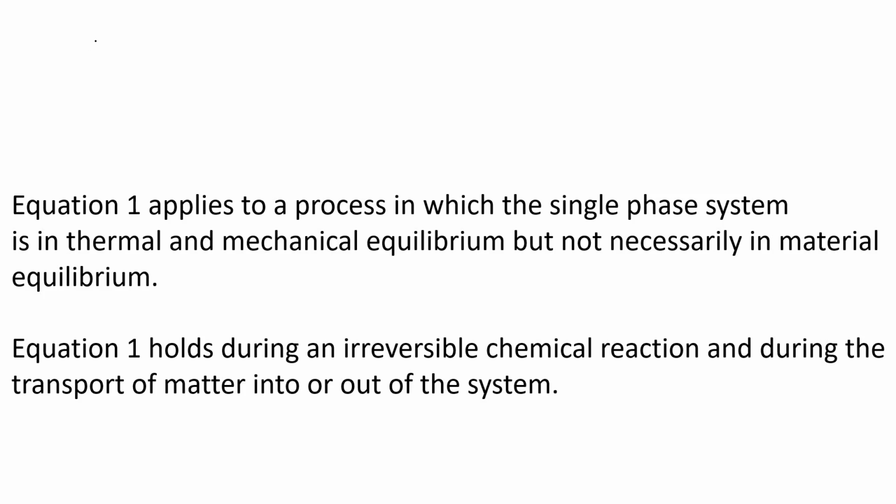So once again I write here equation number 1: dG is equal to VdP minus SdT plus the summation of mu i dNi, with i equal to 1 to j.